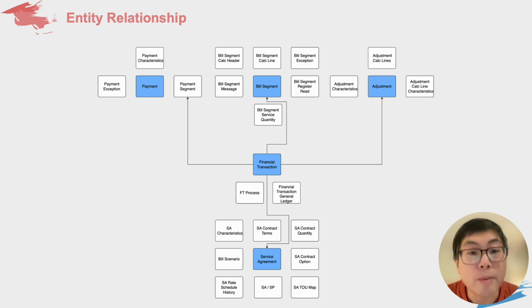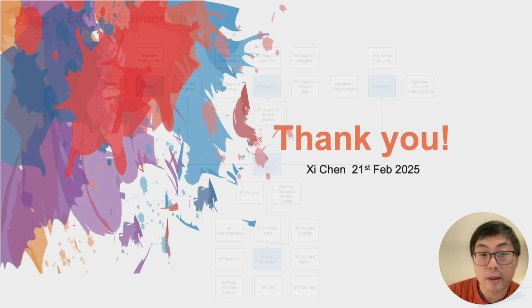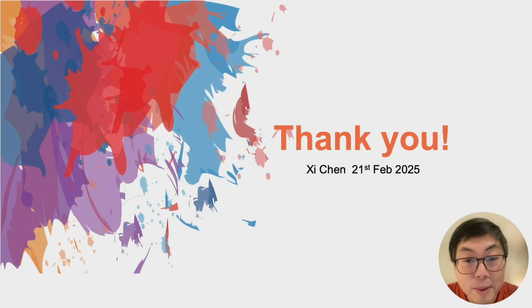But we leave it here. What to take away from this one is that a financial transaction can, and only can, be generated by these three sources. Okay, so that is everything.